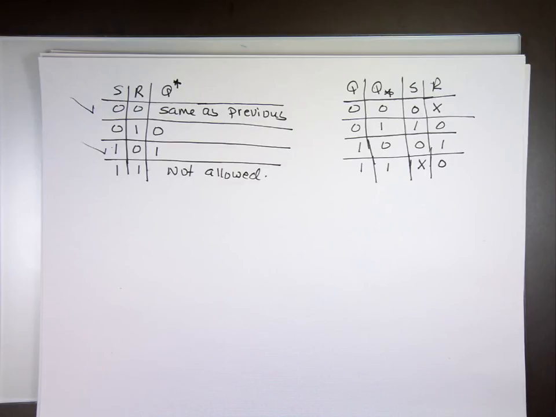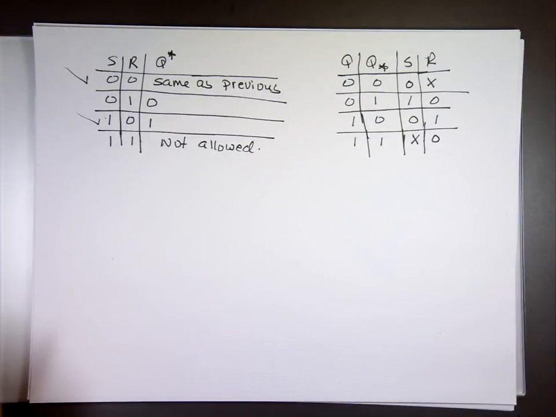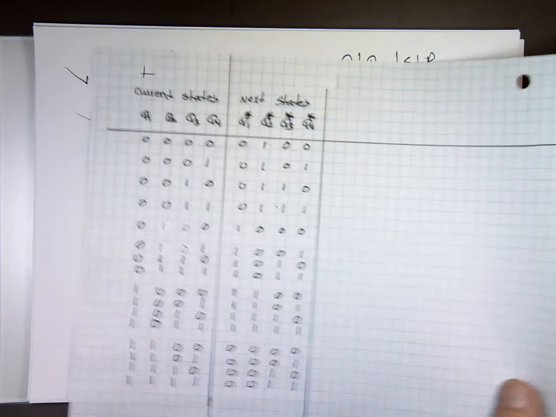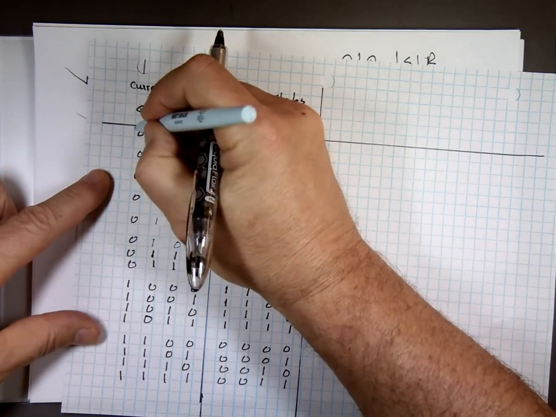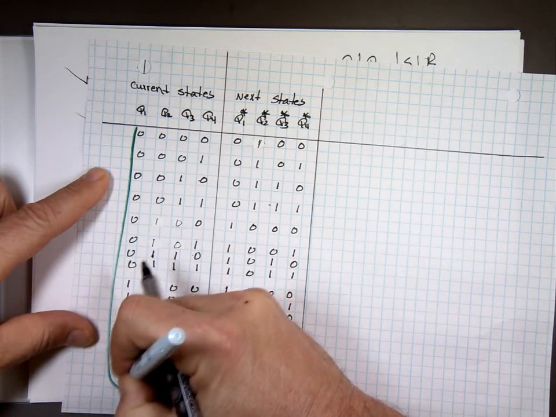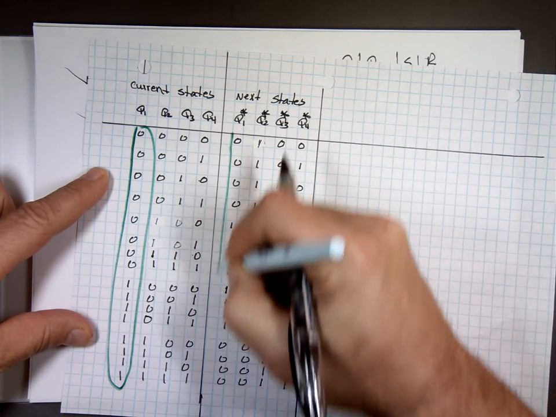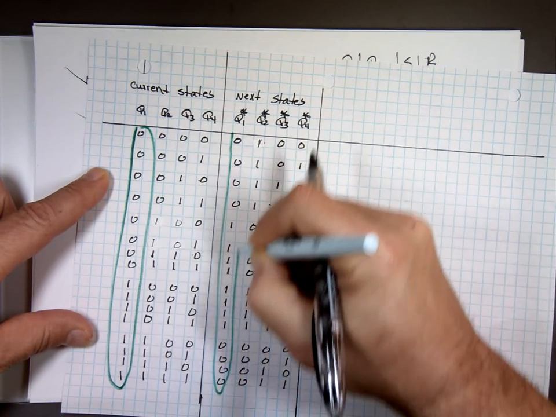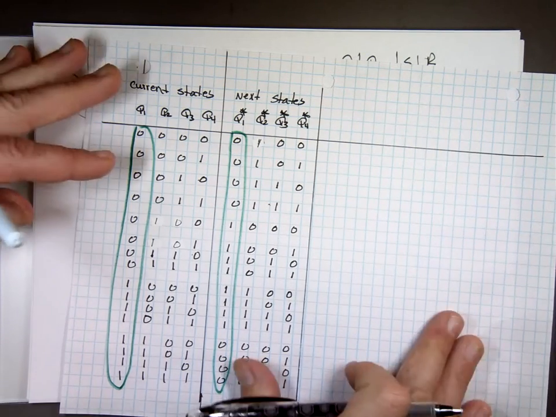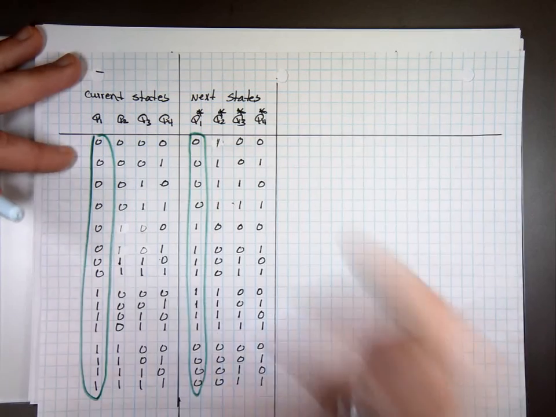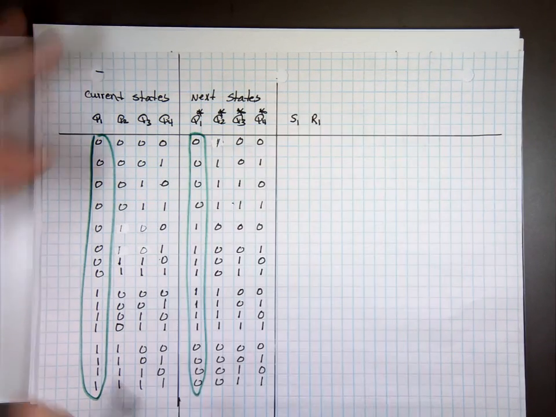Now I gotta use that to see what these values should be. Let me look now at this column and compare it to that column. That's the first flip-flop. So this is S1 and R1. I have a flip-flop for the first one, S1 and R1.